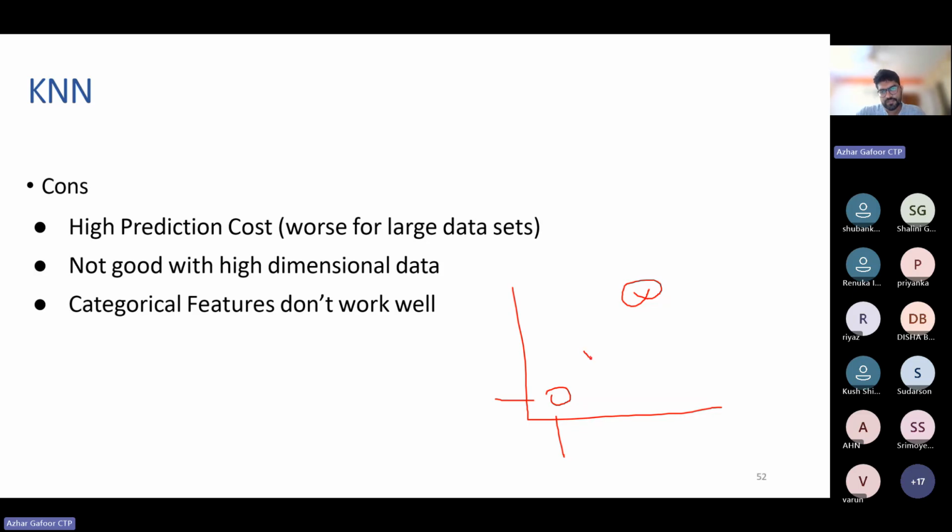December is close to January in some sense. But if it is 1 and 12, then if you find the distance, it is far. That can cause problems. The numerical values that we give to these categorical data will not make sense.